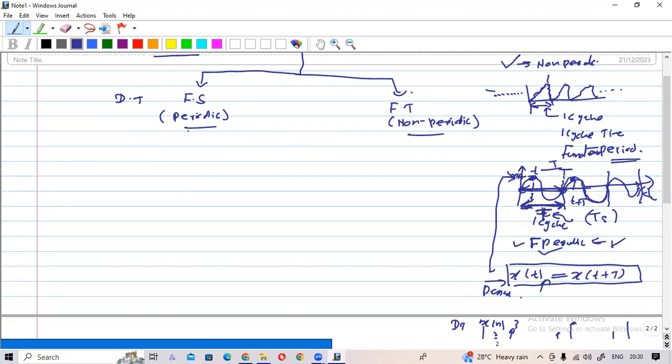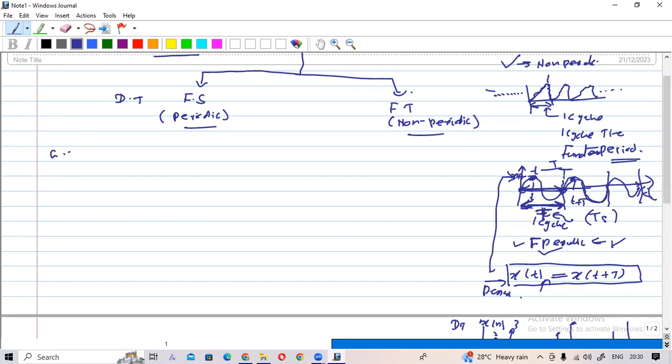So for the Fourier series, there is an identity. I will first write the Fourier series identity for a continuous time signal, the continuous time Fourier series.